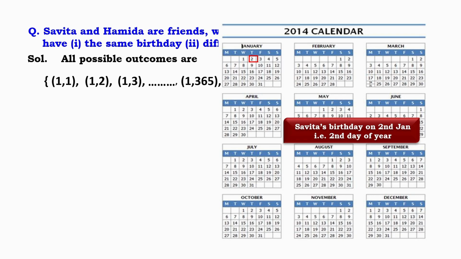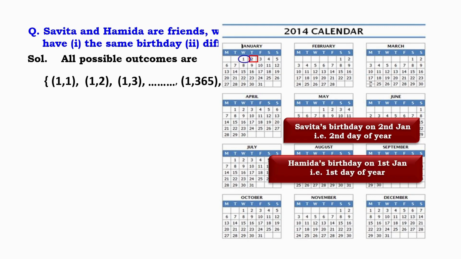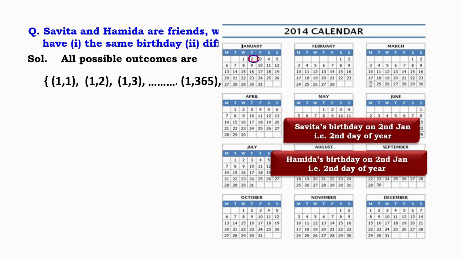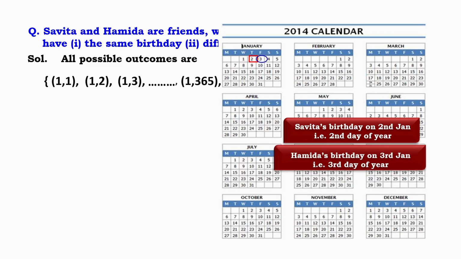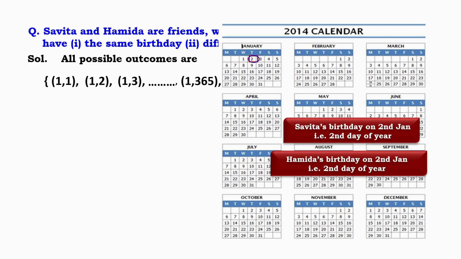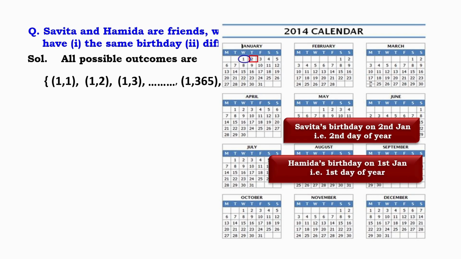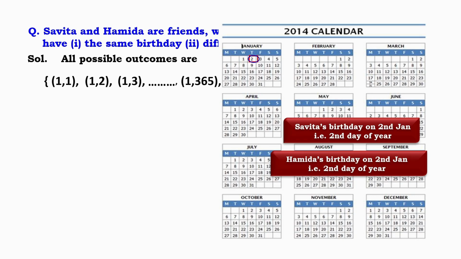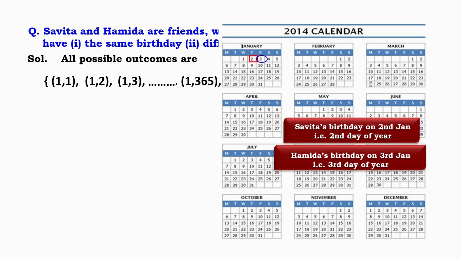Now if I consider that Savita's birthday is on 2nd Jan, the second day of the year, then Hamida's birthday can be the 1st Jan, the first day of the year. It can also happen that Hamida's birthday is on 2nd Jan, the second day of the year, or the 3rd Jan, the third day of the year.